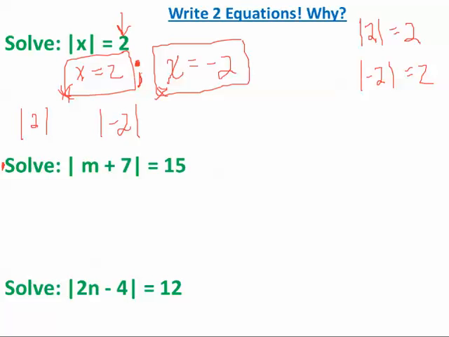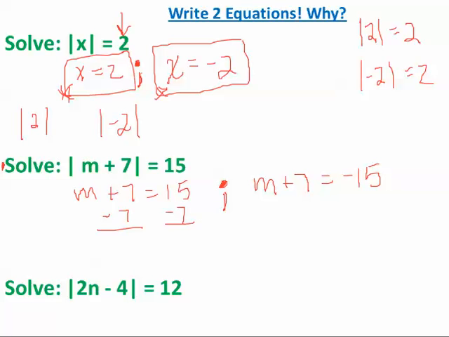First of all, we say, well, either m plus 7 equals 15, or, this is the second time I write it, m plus 7 equals negative 15. There are 2 equations. If I solve the 2 equations, I will get 2 different answers for what m might be.